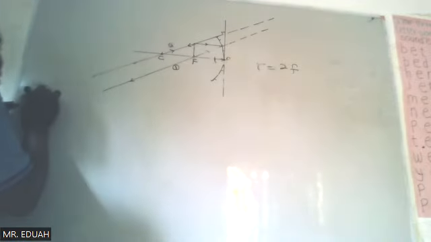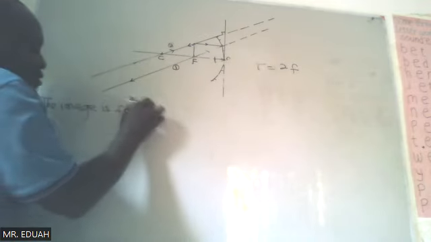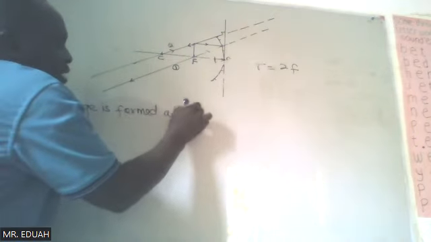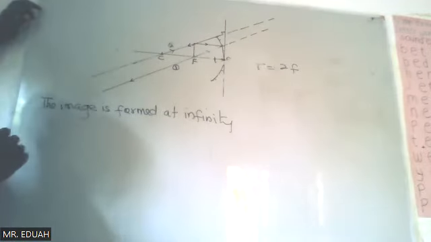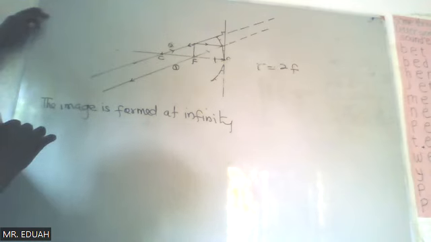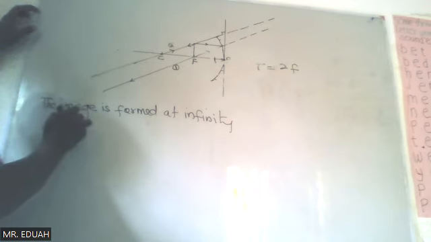And when you have a situation like that, the inference we can draw is that the image is formed at infinity, which is magnified. The image is magnified.